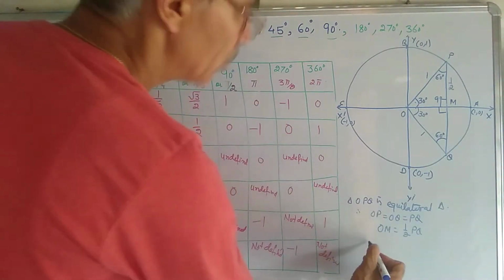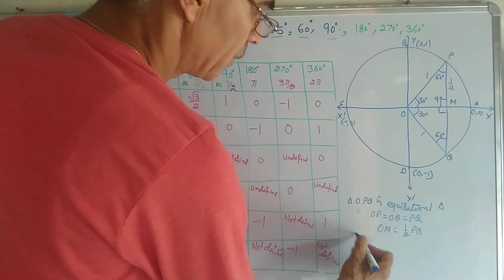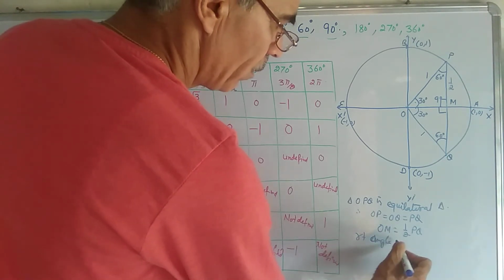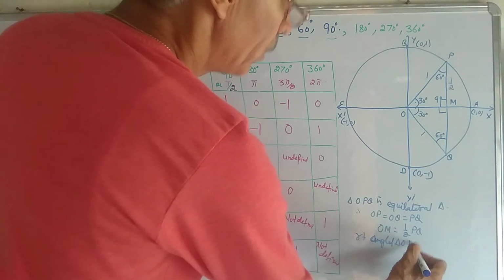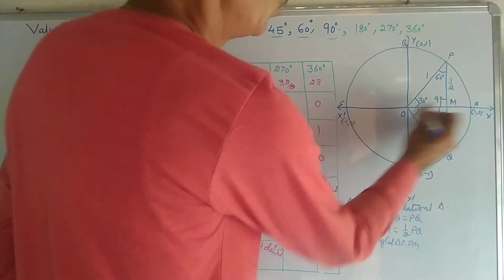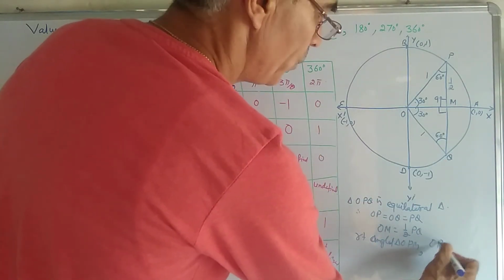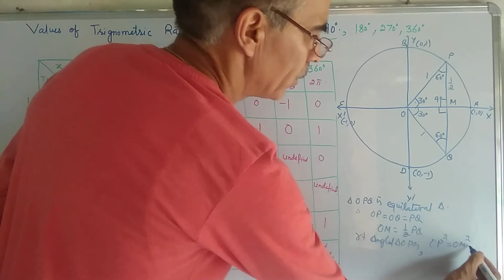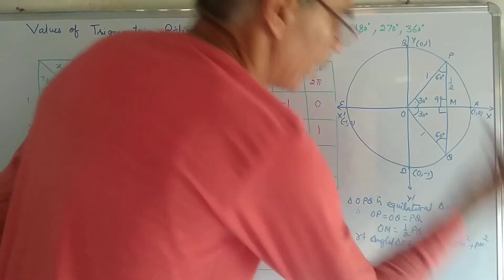If we apply the Pythagoras theorem in the right angle triangle OPM, OP square is equal to OM square plus PM square.